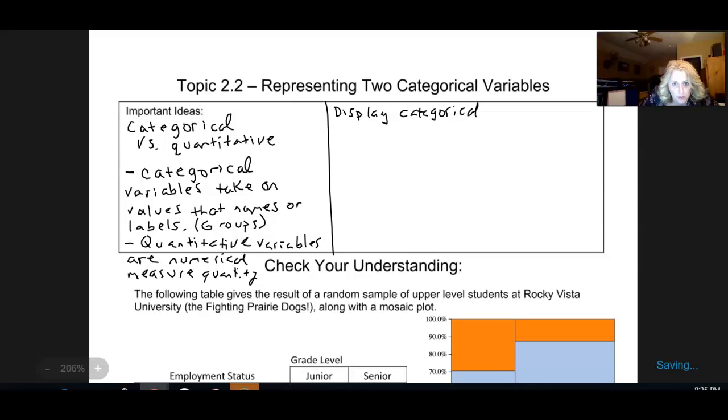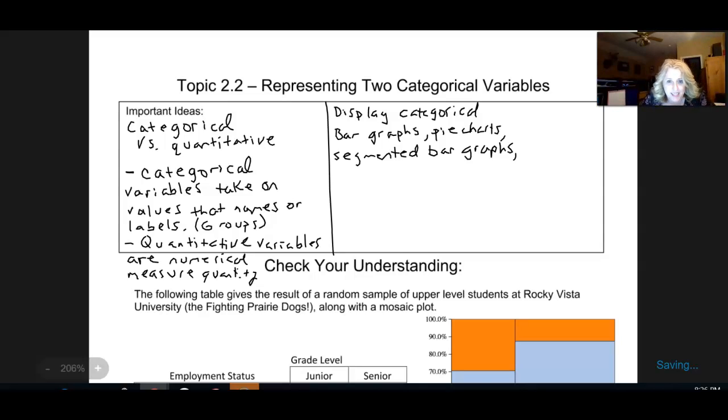Well, you do it with bar graphs, which is what you saw here. You could do it with pie charts, which we did in the first little section. You can do it with segmented bar graphs. And now we know we can add to that. You can use Mosaic Plots.